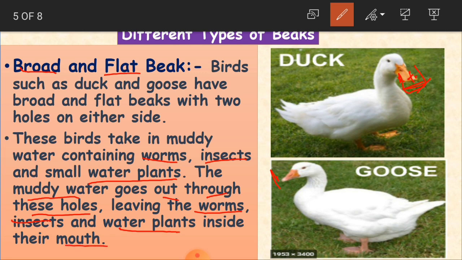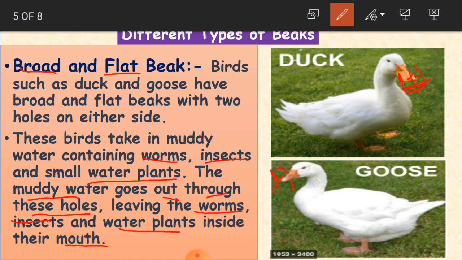So see children, how do these birds take their food? They take the muddy water through their beak, and along with that they also get insects, worms and some other water plants. But when they take it into their mouth, the water which is there along with the insects and worms is going to come out through these holes, the two holes on the beak on either side.